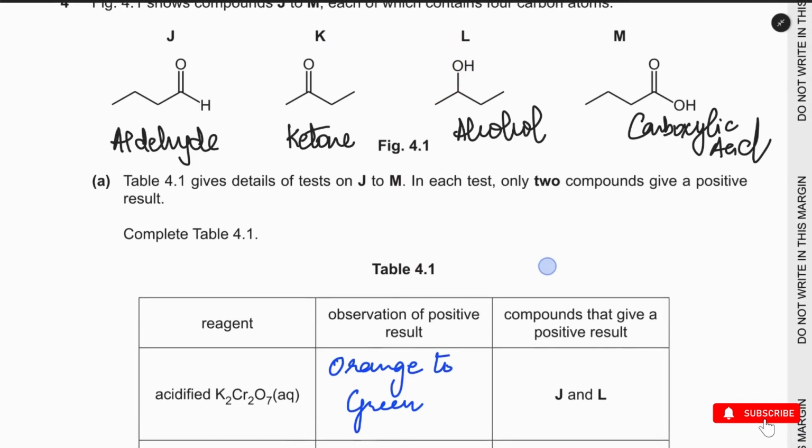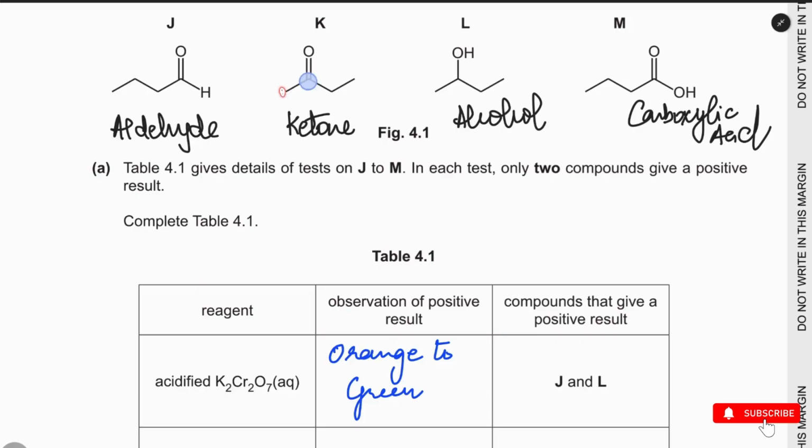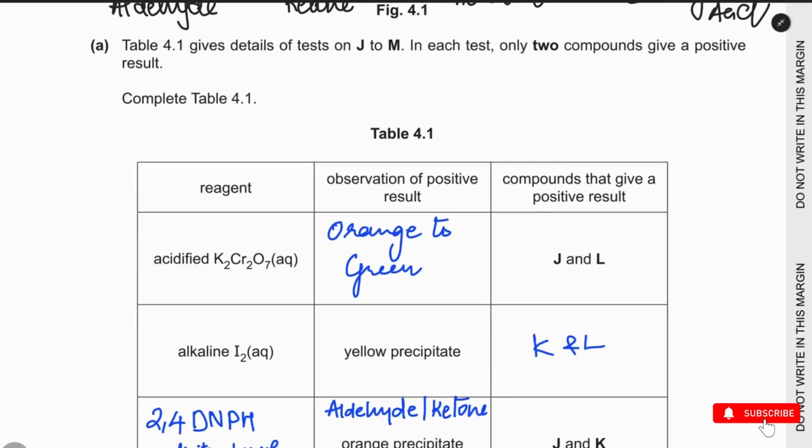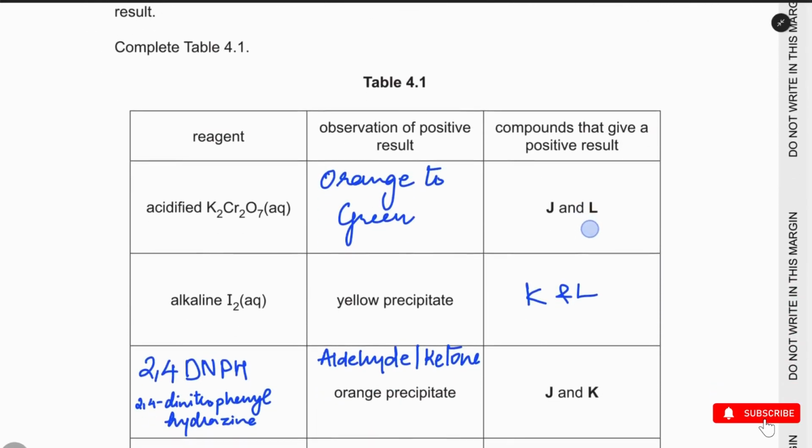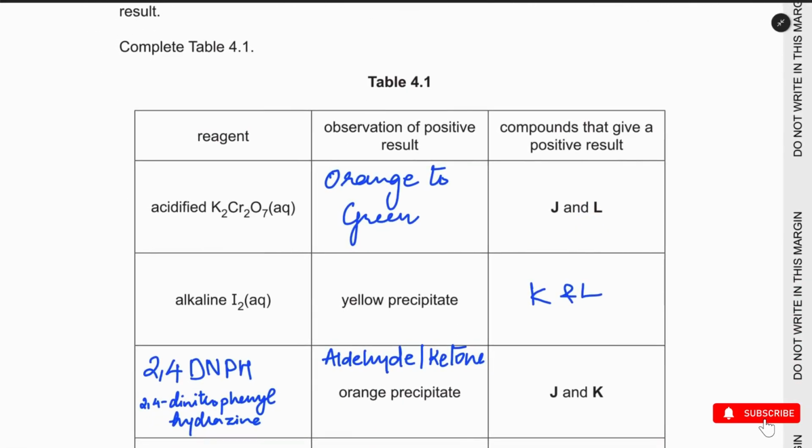You can also talk about CH3 and directly a CO group. So if you get any product which is related to CH3, CH2OH, or CH3 and directly CO, you can get K and L, which are nothing but the ketone and alcohol, and that can be identified using the reagent iodine in the aqueous state.